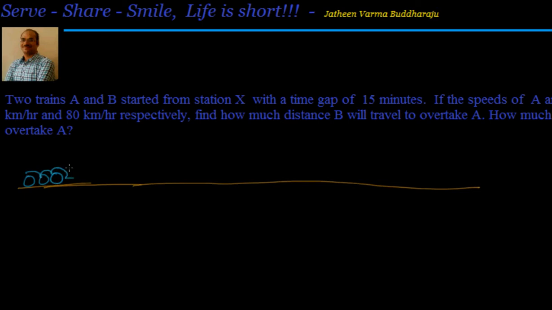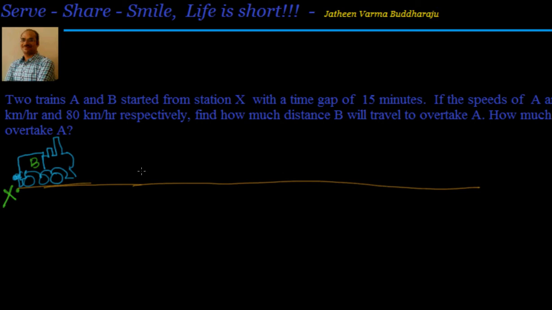This is B. That is, let us say station, that's a train B, and this is station X, starting point.